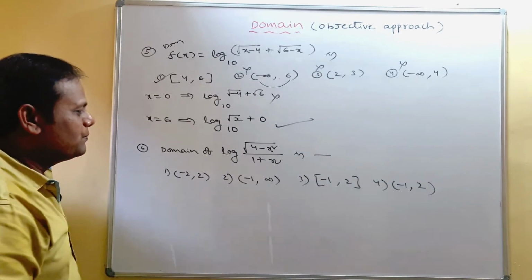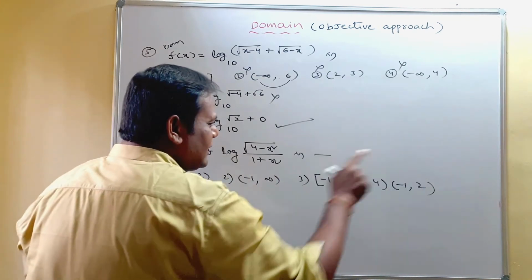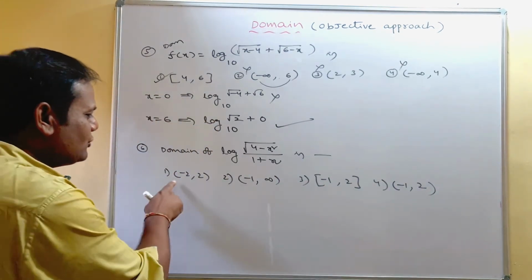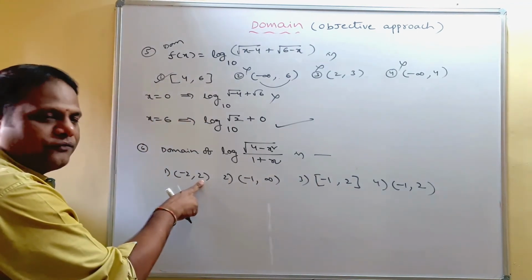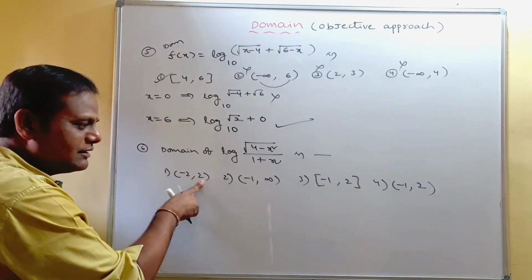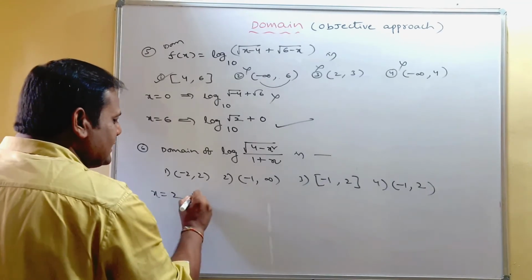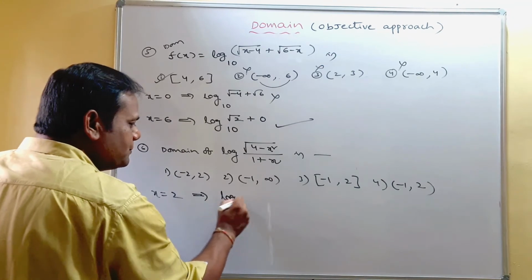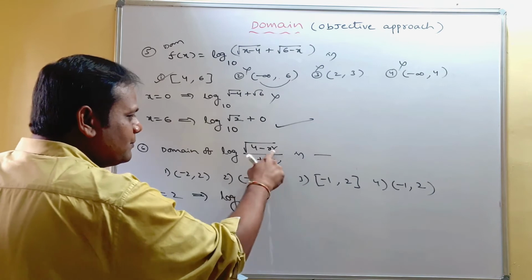Coming to this problem, they are asking domain of this function. These are the options. So observe the options. Here we have 2. Here we don't have 2. Is it right? So you take x equal to 2. If you take x equal to 2, what will happen? You observe. That is log. If you take x equal to 2, it becomes root 0.